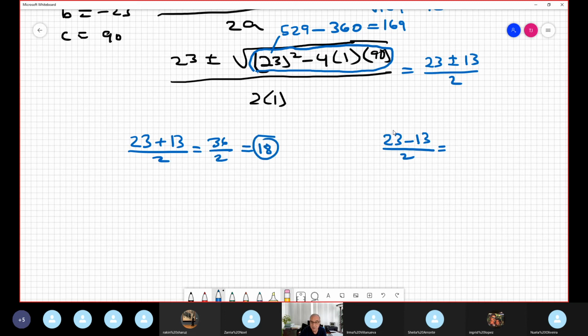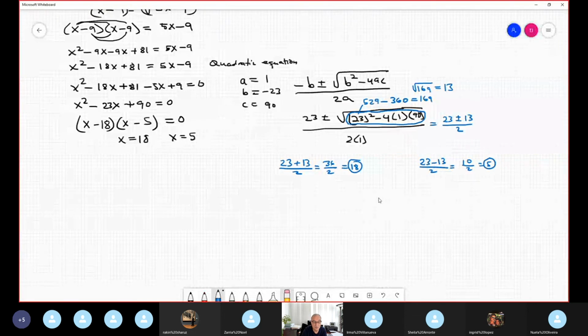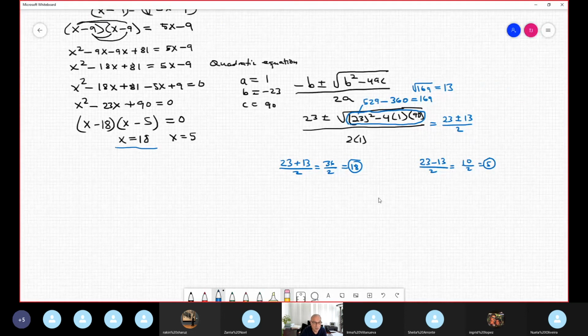This is my first solution. And 23 minus 13 is 10. Divided by 2 is 5. Okay, and it's exactly the same, but the long way. So you see the combination is perfect. Okay, and that's it. I finished.